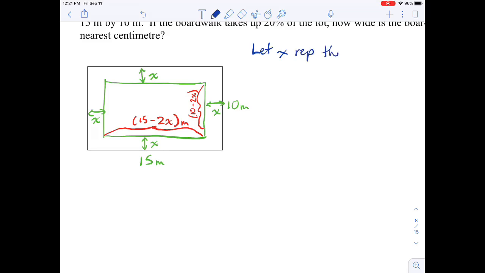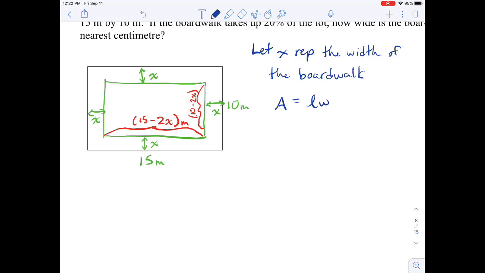We used x to represent the width of the boardwalk. But now as we go further, we need to think about what sort of areas we are really dealing with here. Well, we're going to try and create an equation based on the inner area, the area that's left over once we get rid of all that boardwalk space.